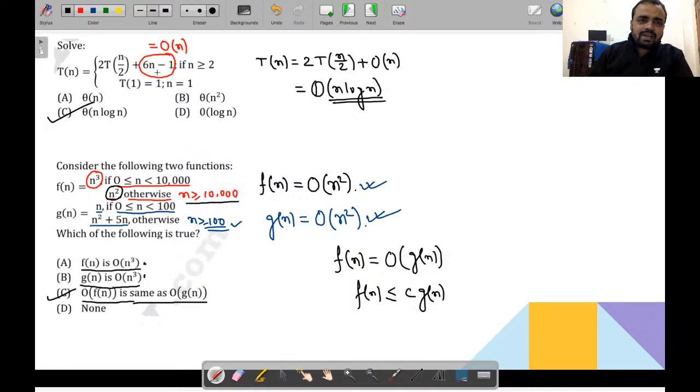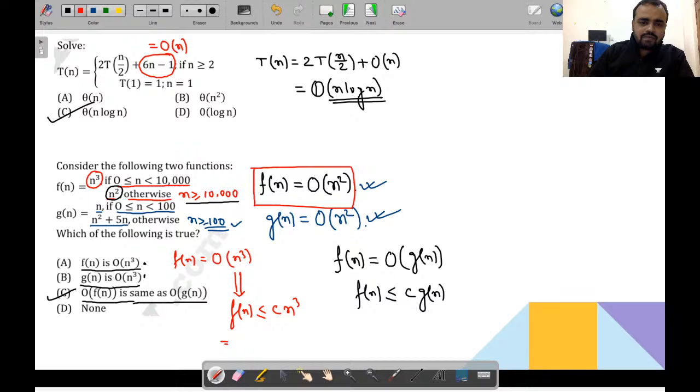So f of n का एक्चुअल वैल्यू क्या हम लोगों ने कैलकुलेट किया है? इस ऑप्शन में दिया हुआ है f of n is equal to bigo of n cube. This implies the f of n should be less than equal to c into n cube. And what is the value of f of n? N square is less than equal to c into n cube.